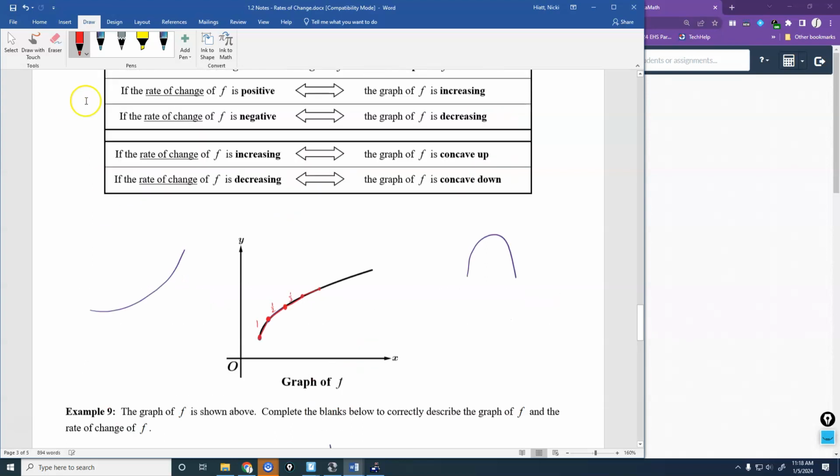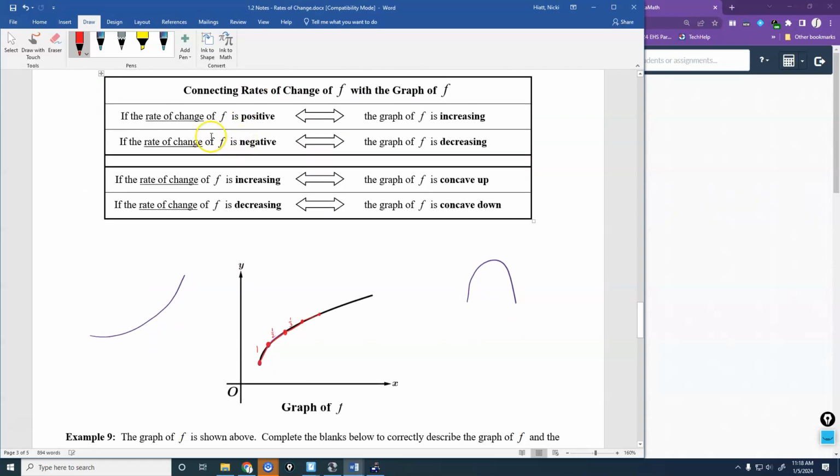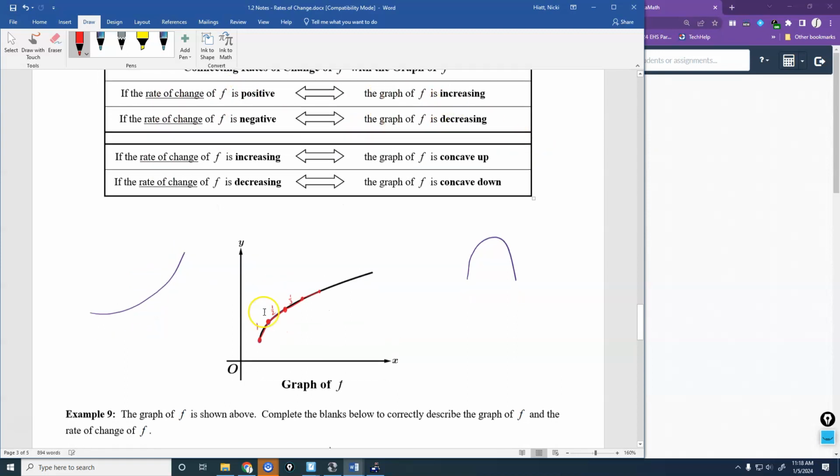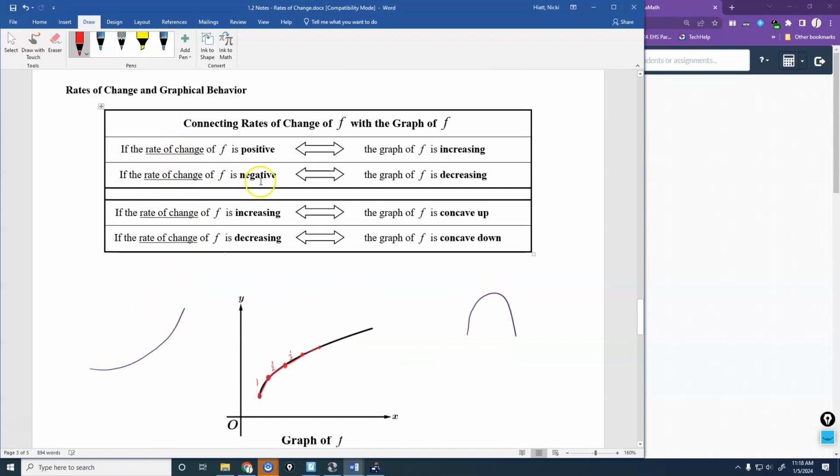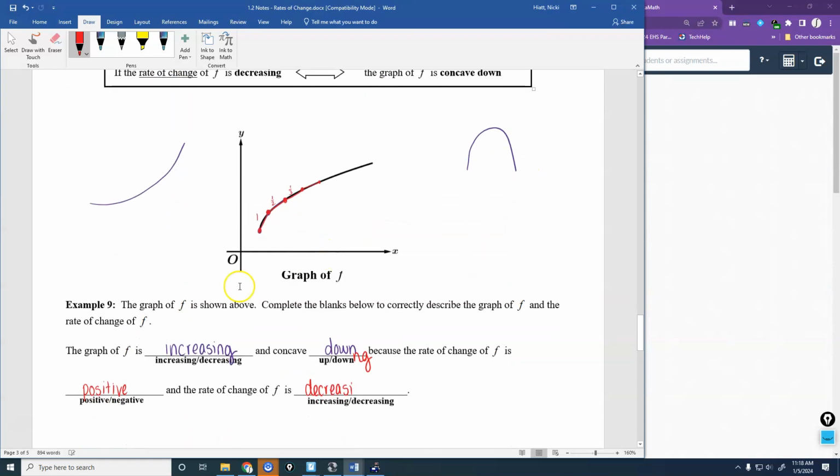So rate of change is positive, the graph is increasing. And if the rate of change is negative, the graph is decreasing. So this in red was talking about our rate of change. Our rate of change was positive, the graph was increasing. So that part matches right here.